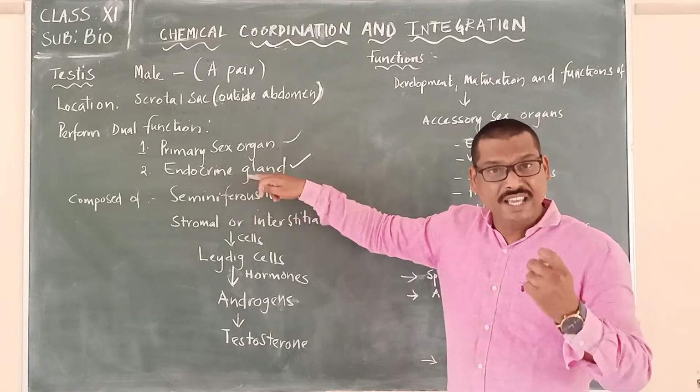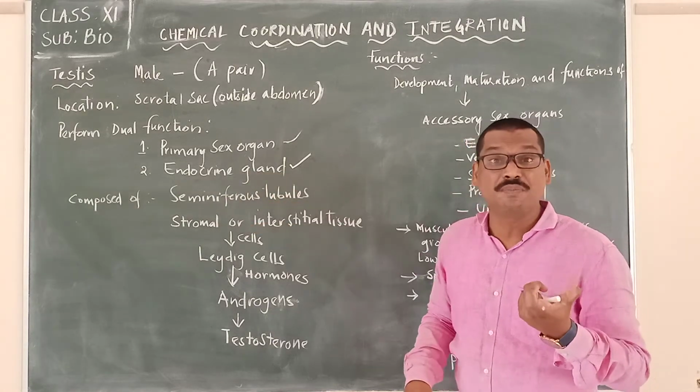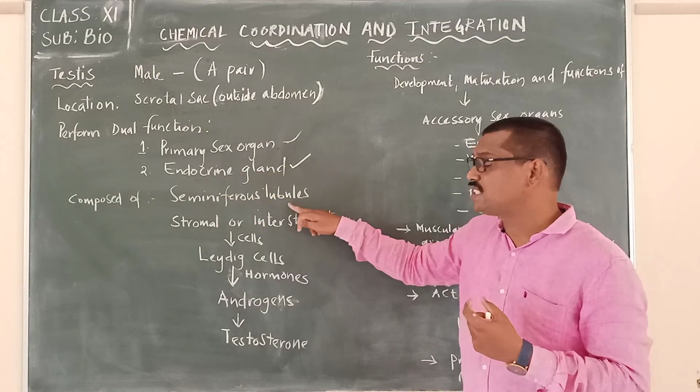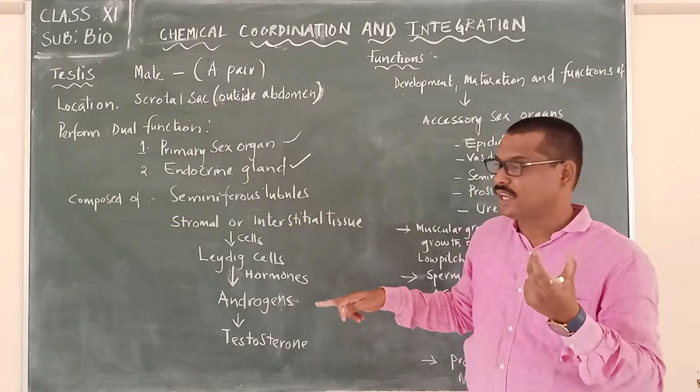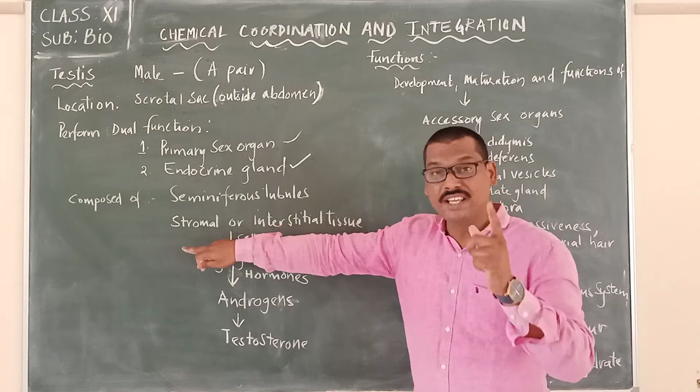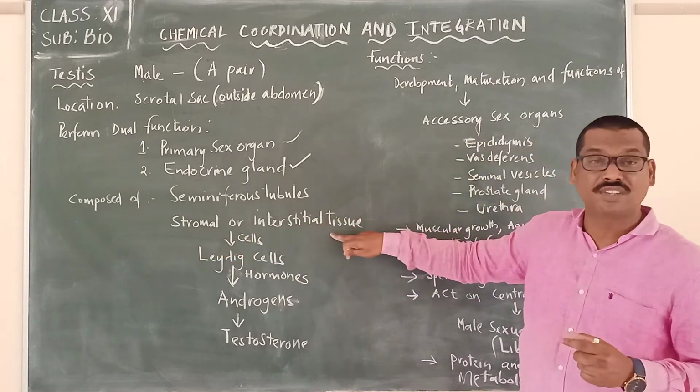So these testes are composed of seminiferous tubules. There will be many seminiferous tubules, tubular structures, present in each testis. And at the same time in each testis there will be stromal or interstitial tissue.